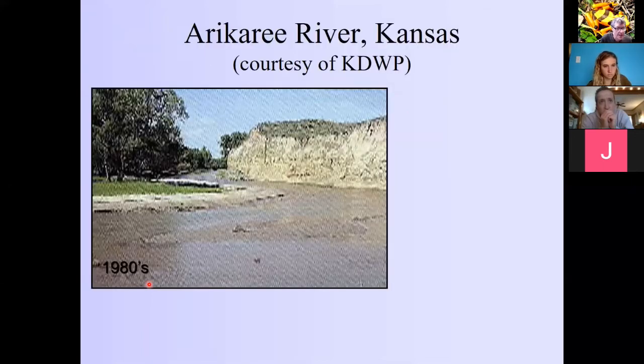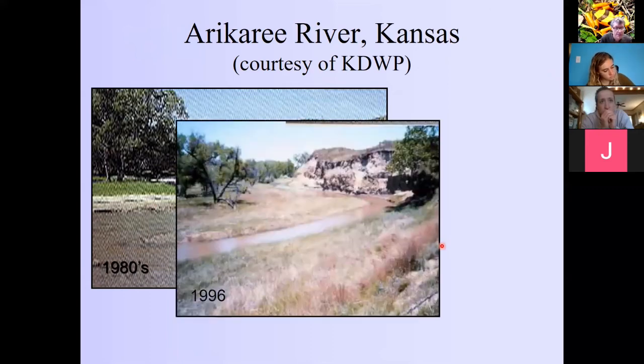So this is just an example of the Arikaree River, which is one of the rivers in western Kansas. The first picture is kind of grainy, but you can see there's a big wide flowing river here, right? That sandy bottom river, probably in the springtime, maybe not all year. By 1996, the flow decreased enough that the riparian vegetation is starting to move in, and it's narrow.